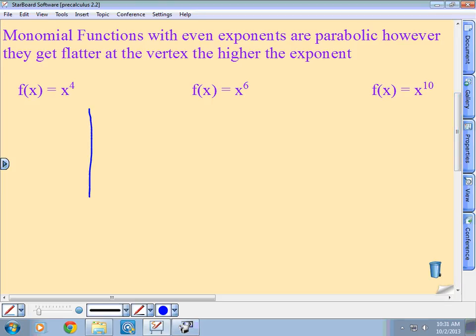So the graph of x to the fourth is going to look very similar, only as it comes down it's going to get flatter. So it's going to look closer to like this, as opposed to this one would be f of x equals x squared. This one is f of x equals x to the fourth. Okay, so it's going to get flatter as it goes down.